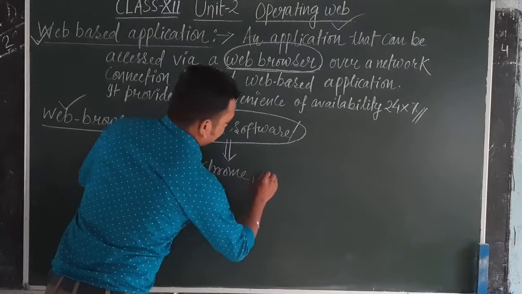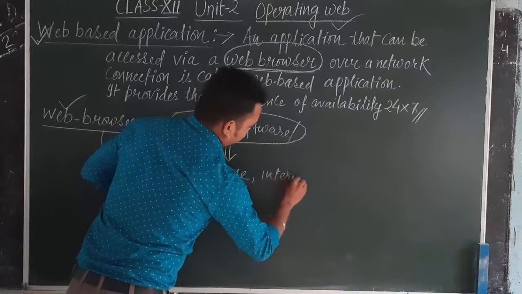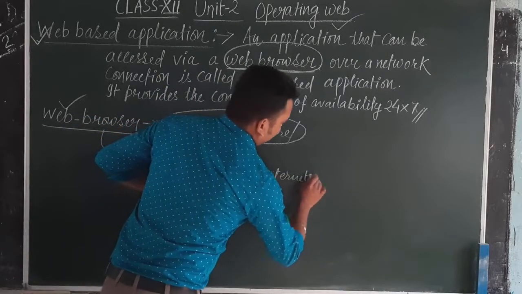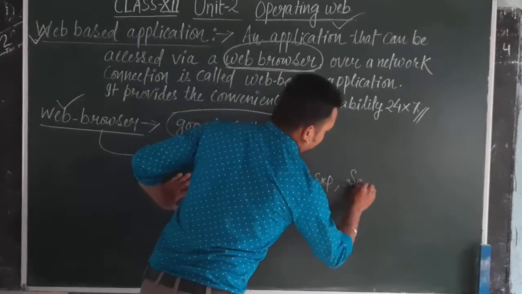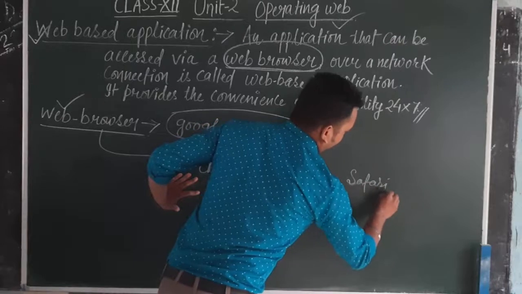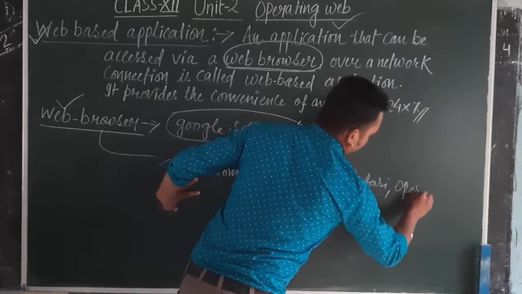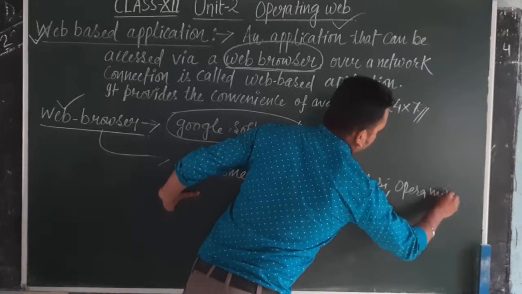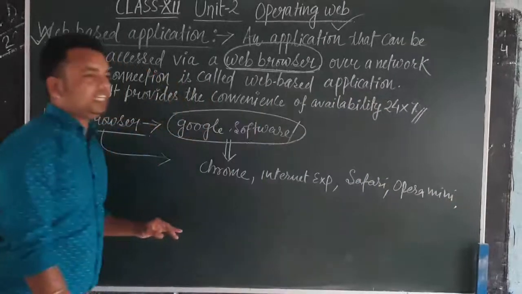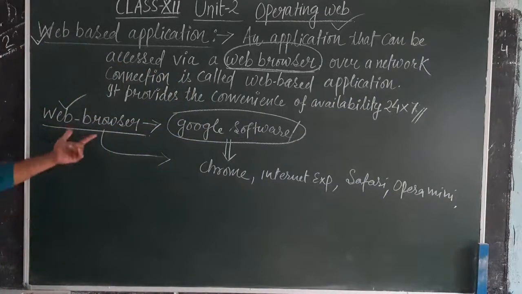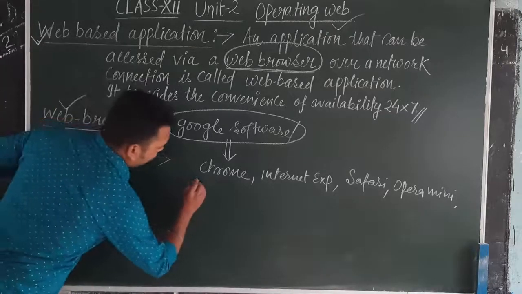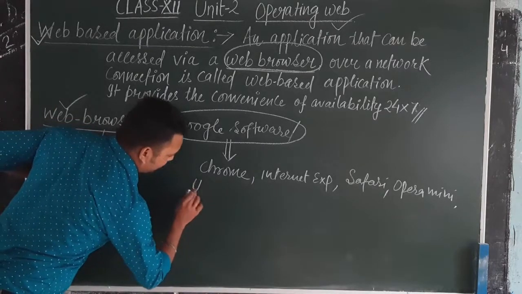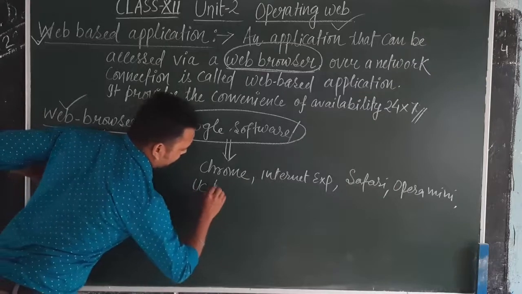One is Internet Explorer, Safari, Opera Mini, and recently one mobile web browser that has been banned, which was from a Chinese company, that is UC Browser, correct?